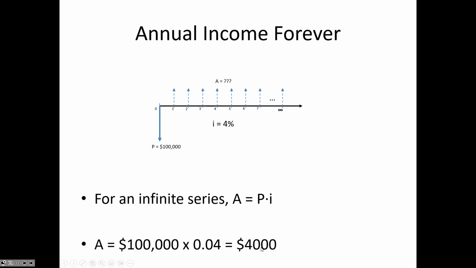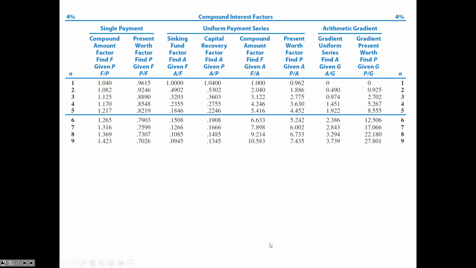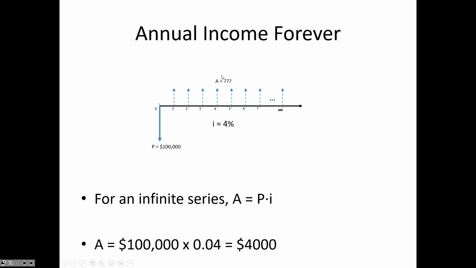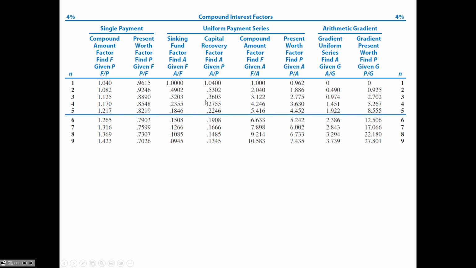So related to that is the idea that if you go into the tables and you find the 4% table and you look at find A given P, this is find A given P. If you look at the 4% table, it's getting lower and lower.